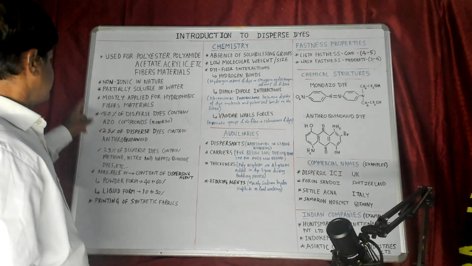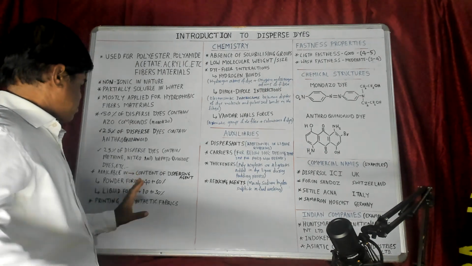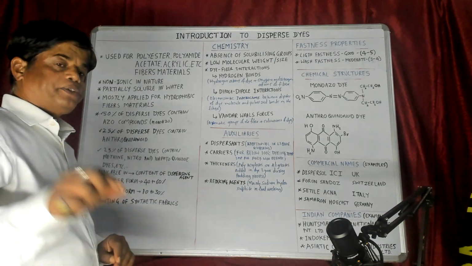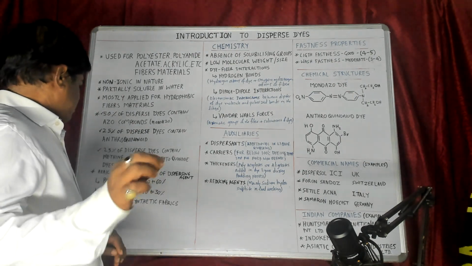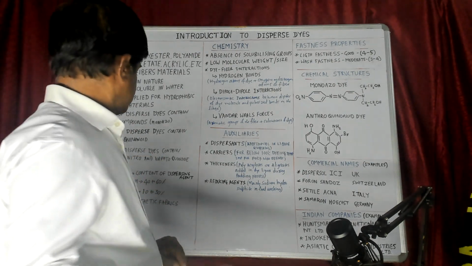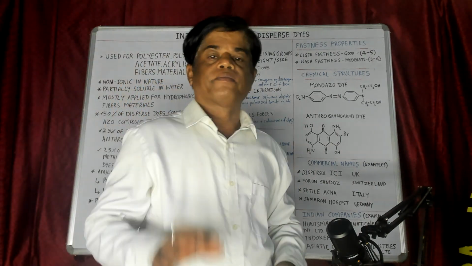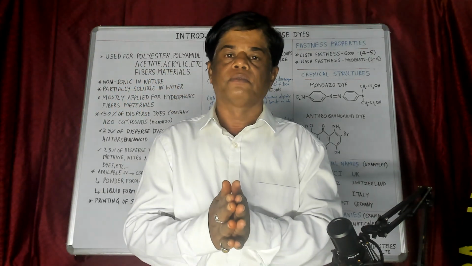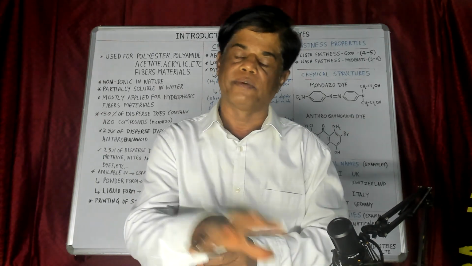Okay, next. This I told already: in the market, 40 to 60% is the content of the dispersing agent. I told you that in the market disperse dyes are available in powder form and liquid form.